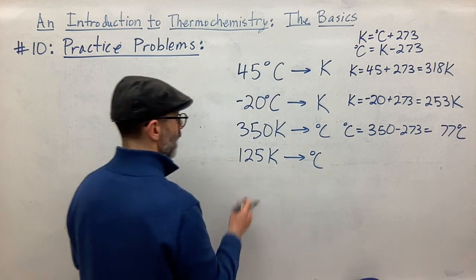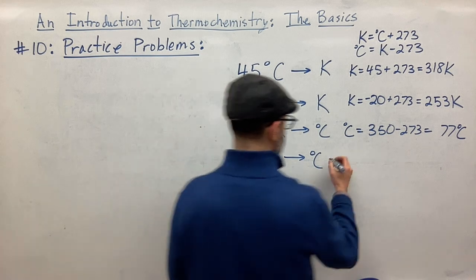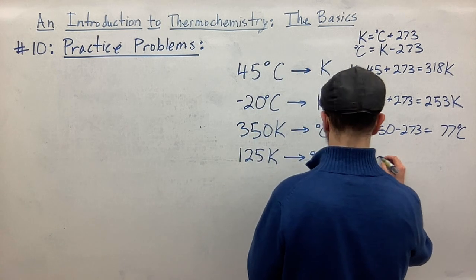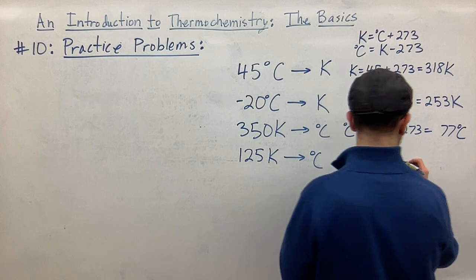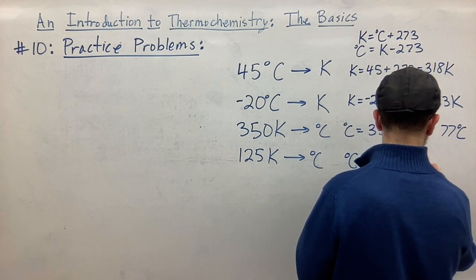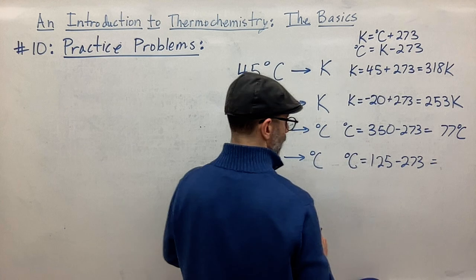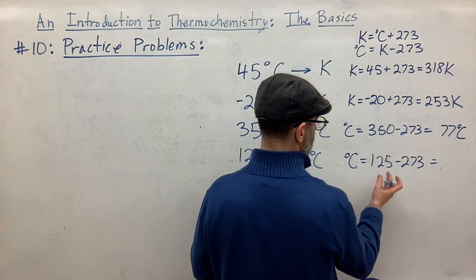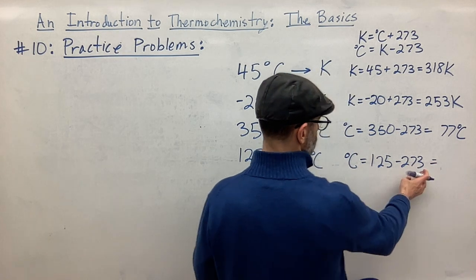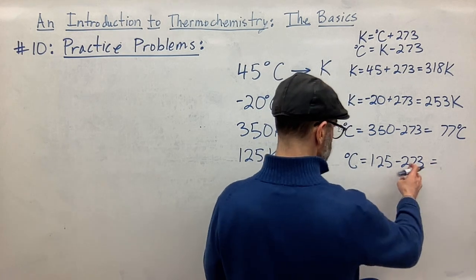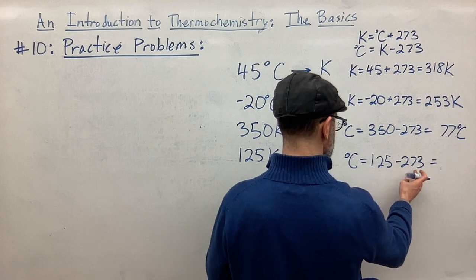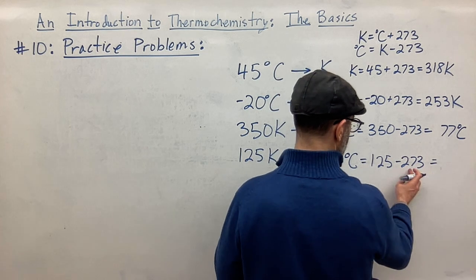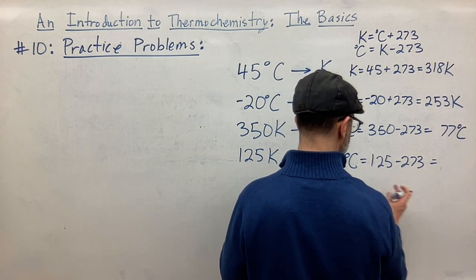And then finally 125. Again, Celsius is going to be equal to 125 minus 273. And here we're going to get a negative number. If we subtract, let's say, a 5, that's going to give us 268. Then subtract 20, that's going to give us 248.